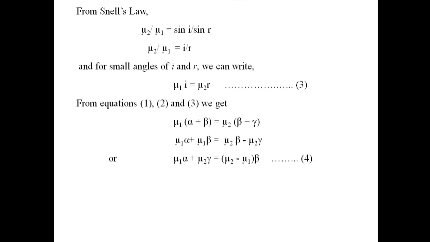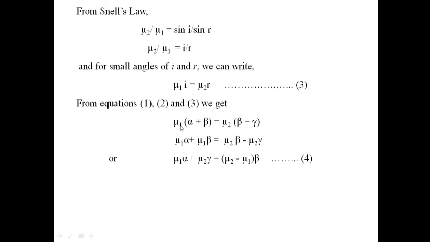Now, from equations 1, 2 and 3, after substituting the values of i and r, we can write mu1 into alpha plus beta is equal to mu2 into beta minus gamma, where beta minus gamma is the value of r, and alpha plus beta is the value of i.